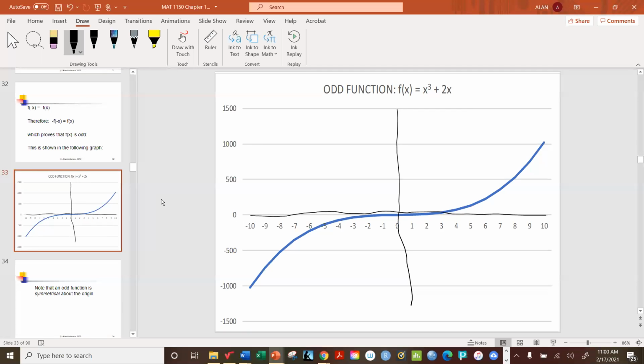So I guess the way to describe this, in effect, they're kind of mirror images, aren't they? Don't you think, from quadrant 1 to 3? Yeah, it's kind of an interesting function.